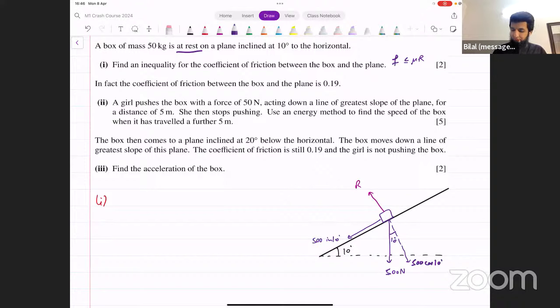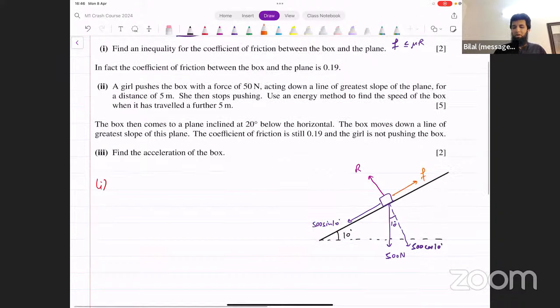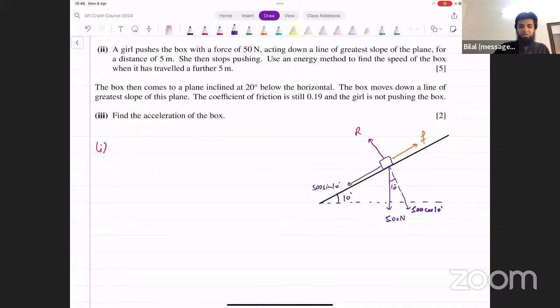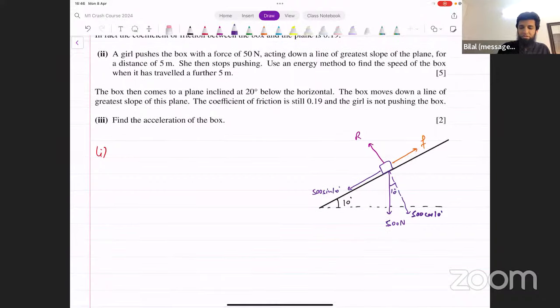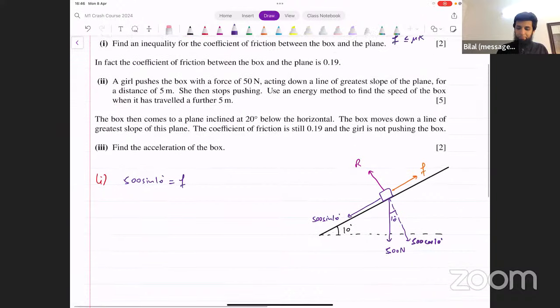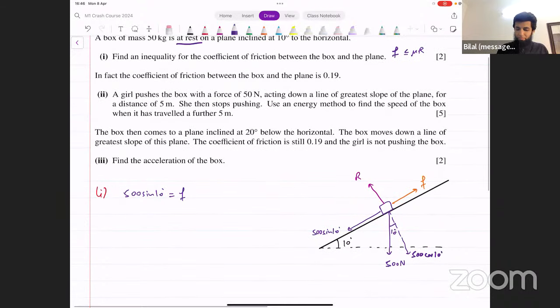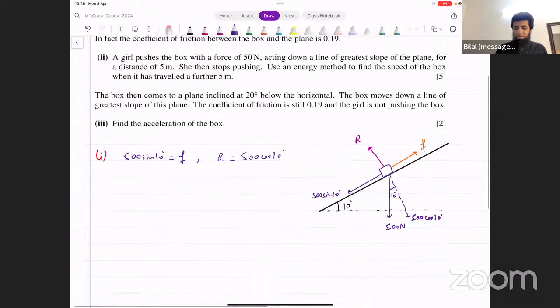Now, because of weight, the block will try to slide down. Friction is going to oppose that, so it acts in this direction. Since it's equilibrium, opposite forces are equal. That means 500 sine 10 should equal friction, and R should equal 500 cos 10.